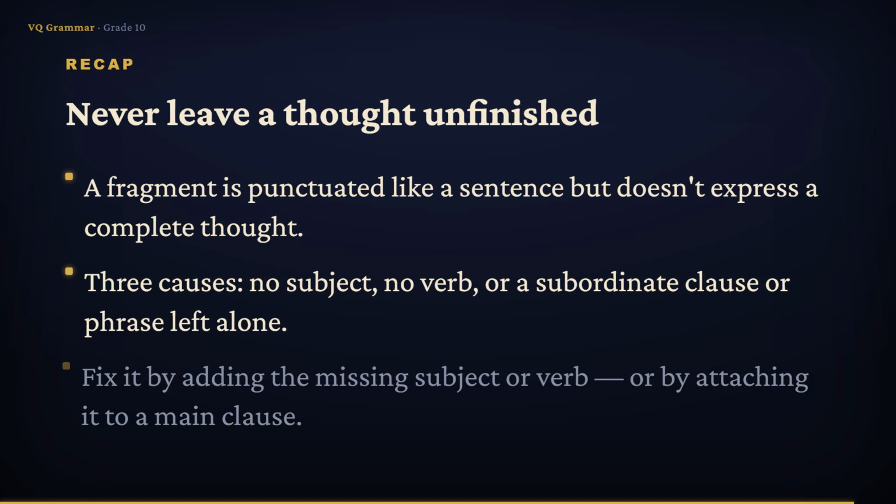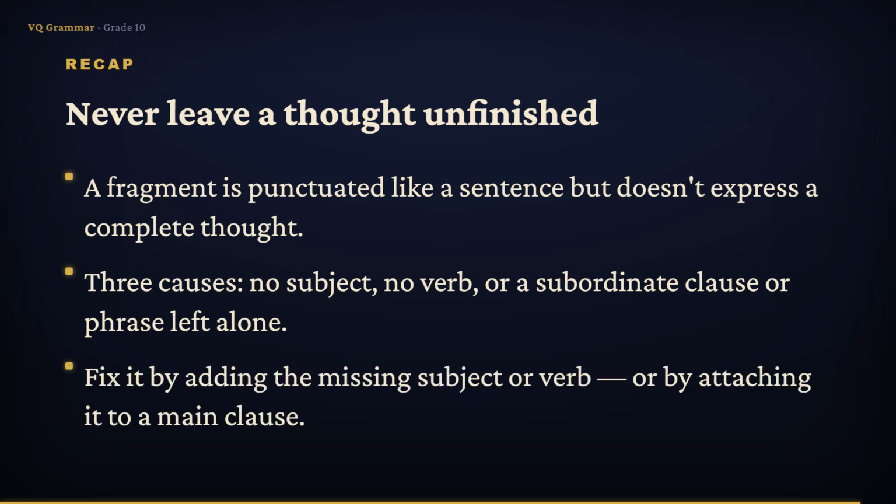And you fix a fragment in one of 2 ways. Add the missing subject or verb, or attach the fragment to a nearby main clause. Run the 3-question test on anything that feels unfinished. Subject, verb, complete thought. And fragments won't slip past you again.